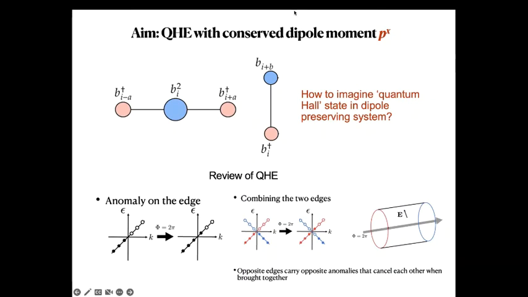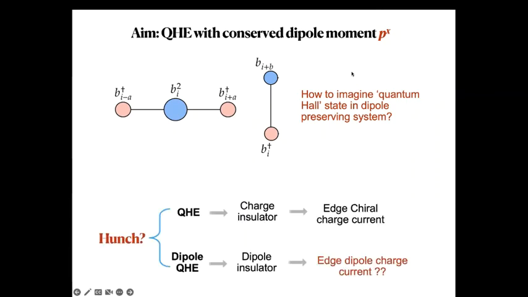Based on this, maybe we can have some intuitive guess on what it means to have a dipole quantum Hall state, or how to imagine something like a quantum Hall state in a dipole preserving system. The quantum Hall state is a charge insulator, but at the boundary, the charge exhibits a current anomaly with a chiral charge current.